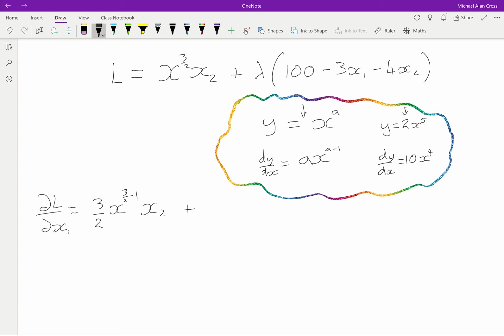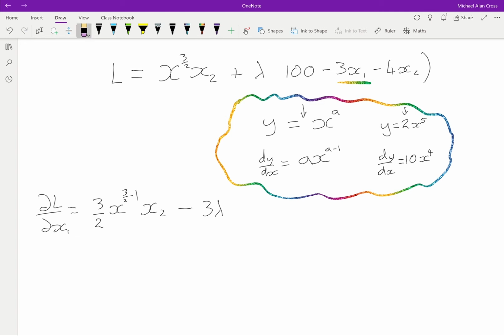And then in the constraint, those two multiply together. So it's not plus, it's minus. But normal differentiation, a variable on its own like this disappears.